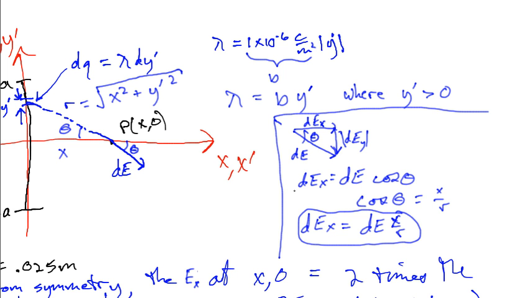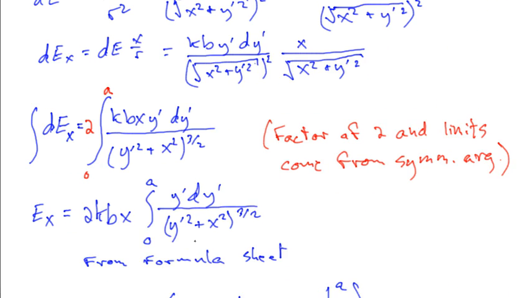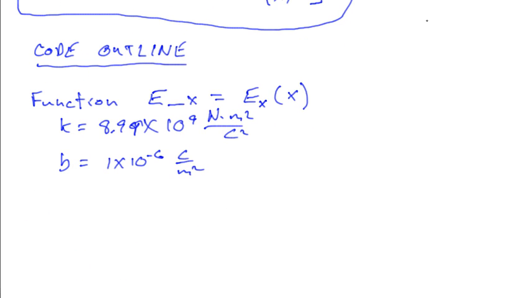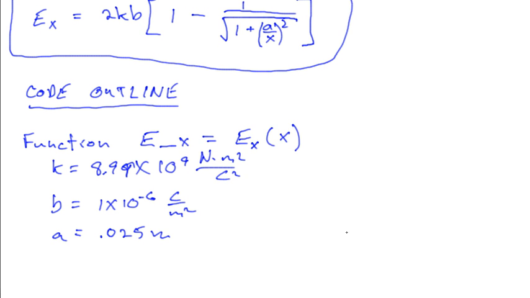So that is B. A was 0.025 meters. So that's k, b, and a, and then x is passed as an argument.